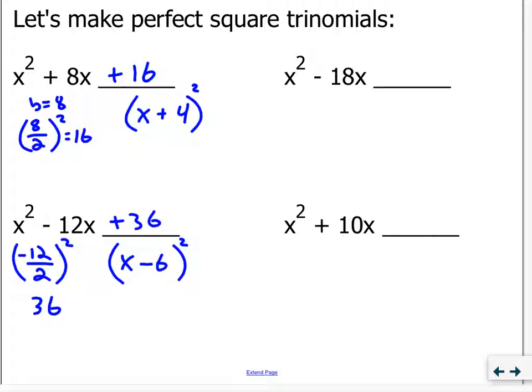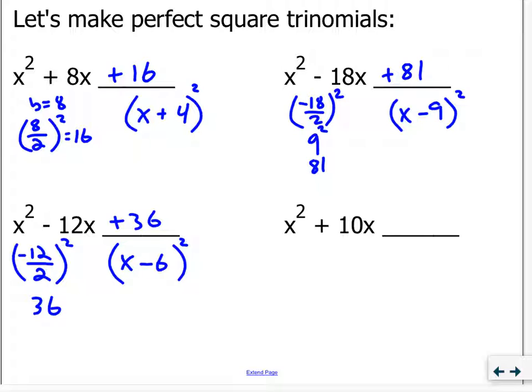You try the next one. Determine what the final squared binomial is. So I'm going to take my negative 18 and divide it by 2. Squared it gives me 9, which I square, and I get 81 for my number. So I'm going to put a plus 81 in there. So when we factor this now as a perfect squared binomial, we'll get the square of x subtract 9.